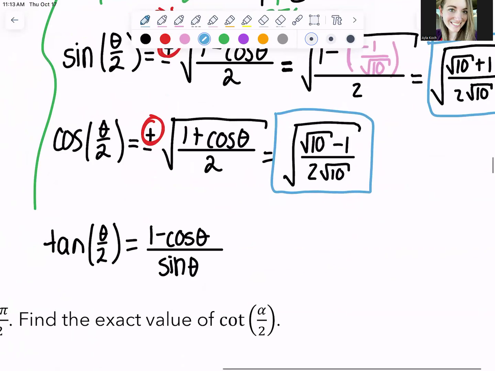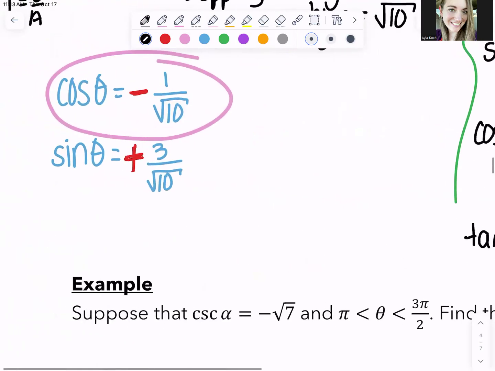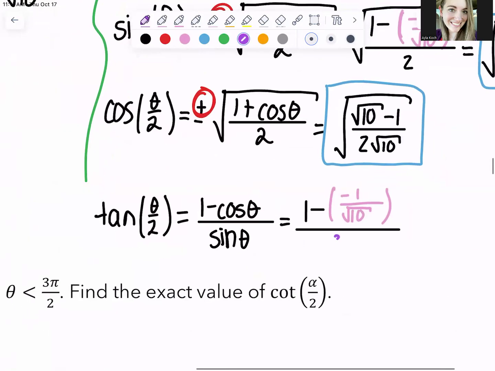And then finally, down here, we have 1 minus negative 1 over square root 10, all divided by, and then sine over here is positive 3 over root 10.